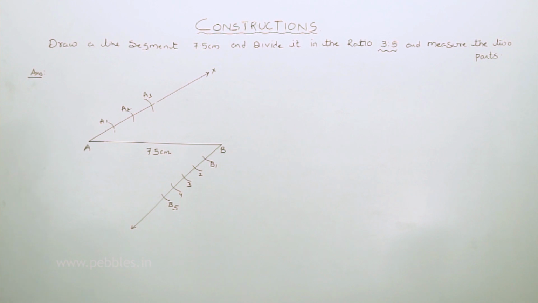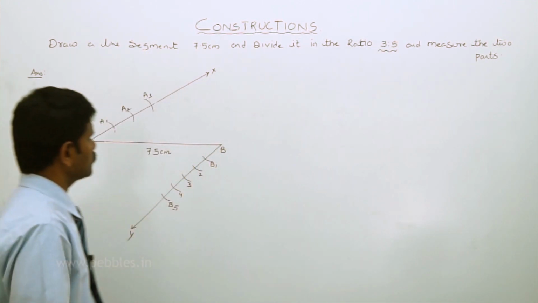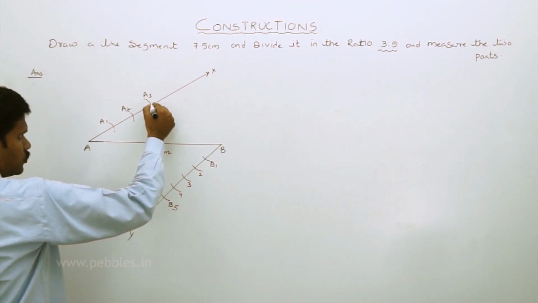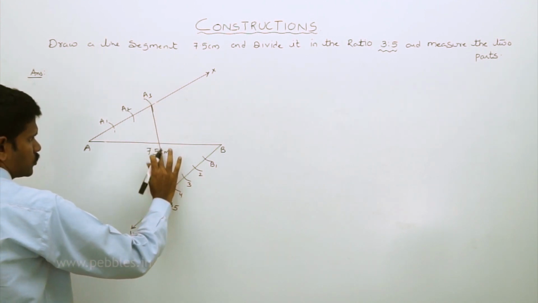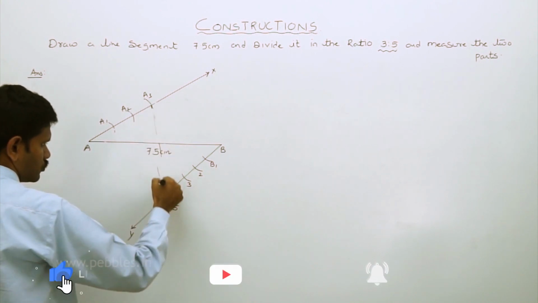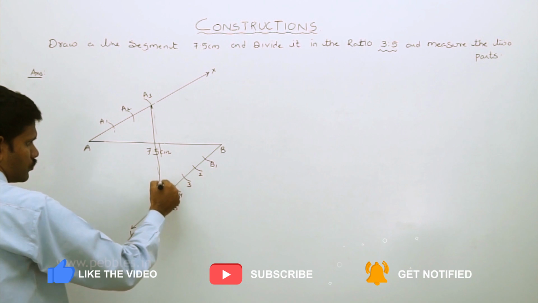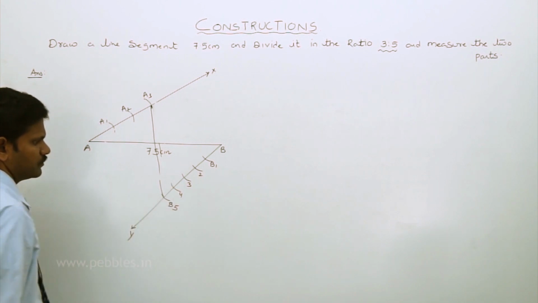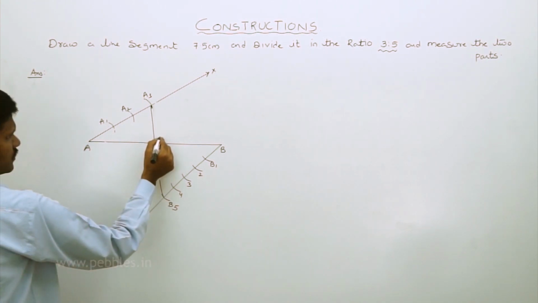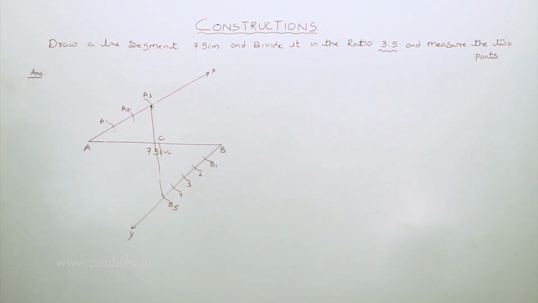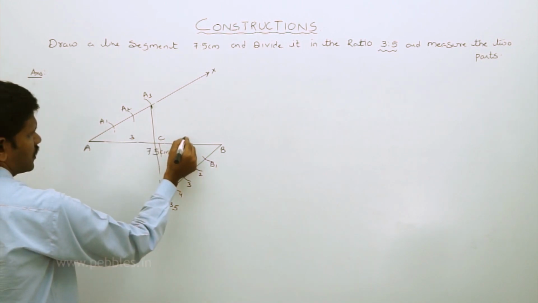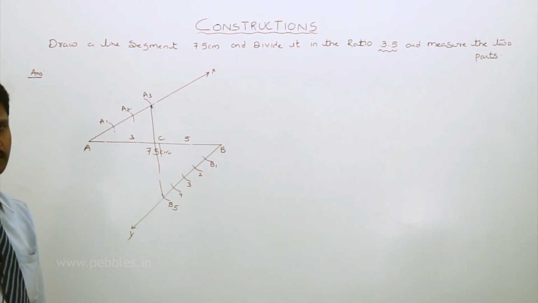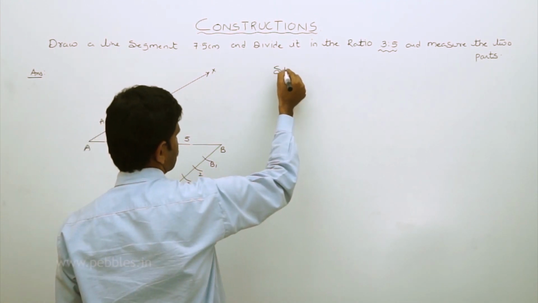Our ratio is 3:5. Now join A3 to B5 at C. Therefore, AC is 3 parts and CB is 5 parts.